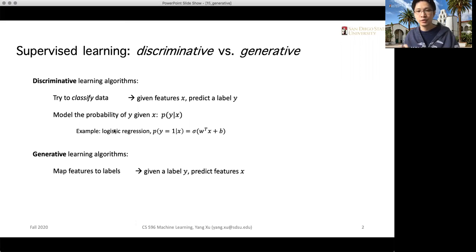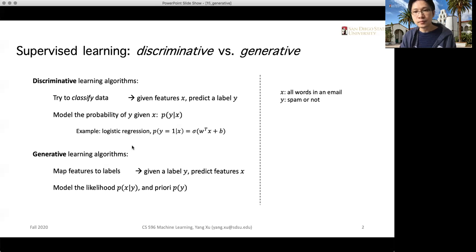We are not trying to predict exactly what the feature is, but we are going to model the likelihood of the data, the likelihood of the feature x given a label y. And meanwhile, we also need to estimate the prior probability, which is the probability of the label alone, P of y.